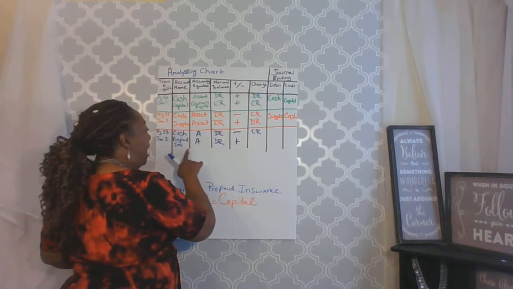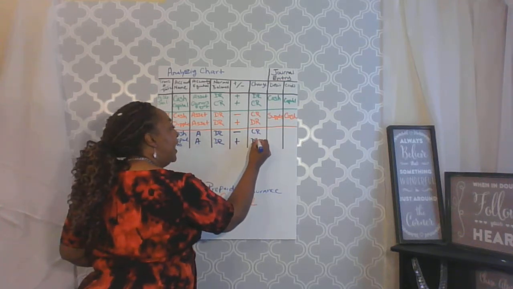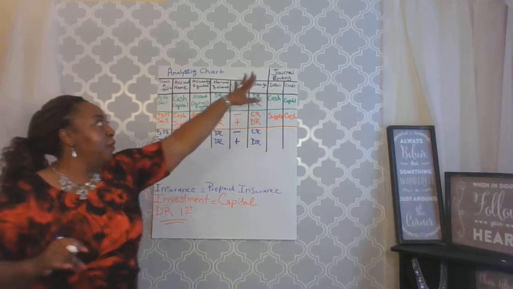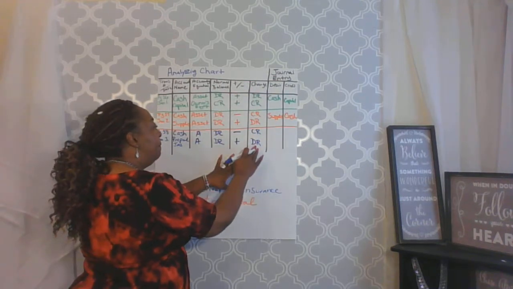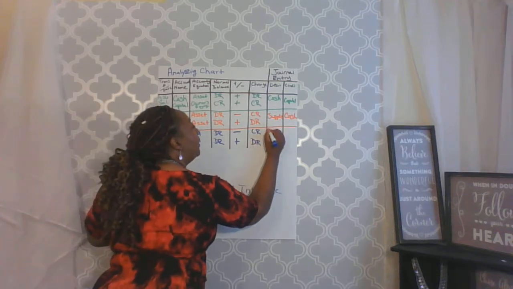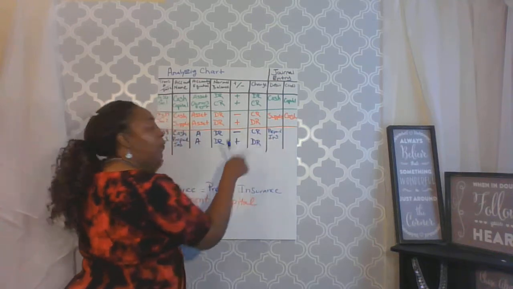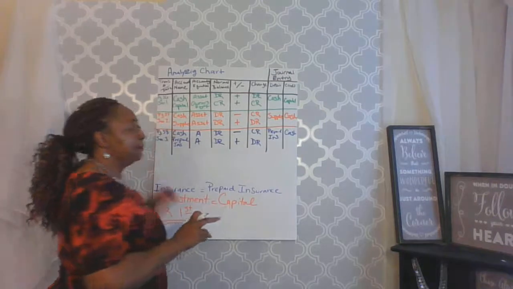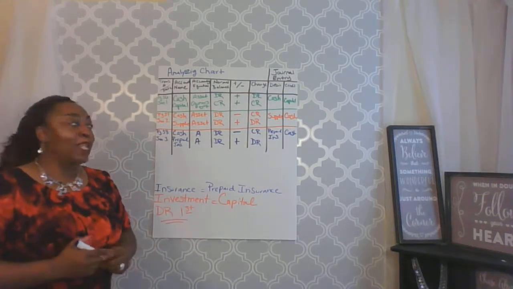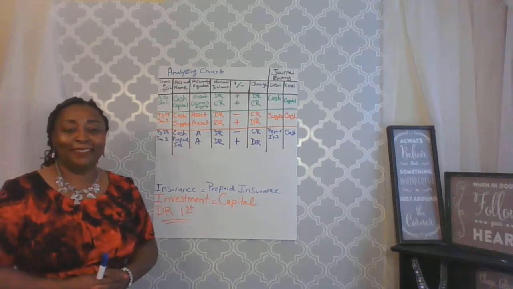I have a plus here, so I do the same as the normal balance, which is a debit. So now we're in the journal entry section. Which account do we debit? Based off this, we debit prepaid insurance and we credit cash. Okay. So that is how we analyze these transactions. Thank you.